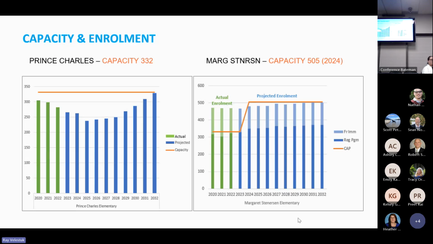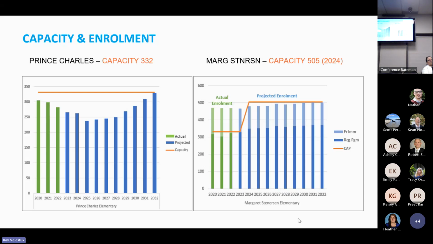And I anticipate that's why the decision looks like it does, because maybe there's not another option for all that peak development that's going to happen. So if you look at Prince Charles, even if the Stennerson lines are well over capacity in 25, 26, 27, 28, the solution would likely not be to make a boundary change and accommodate the students at Prince Charles.